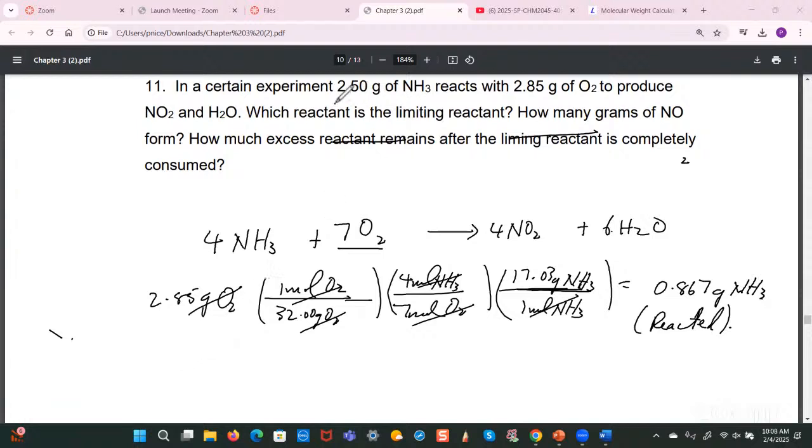The amount of ammonia we started off with is 2.50 grams. So let me just write the amount of NH3 reactive. And as he correctly said, you take the original mass of ammonia and subtract from that the amount that we calculated to be reactive, which is 0.867 grams. And let's see what that gives.